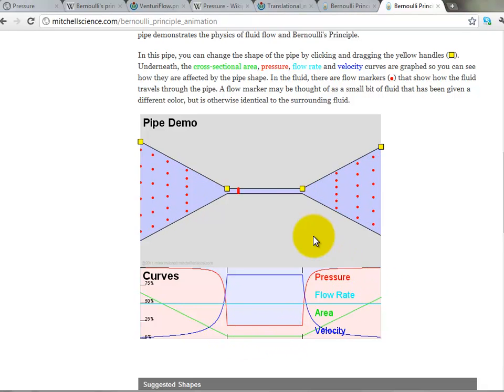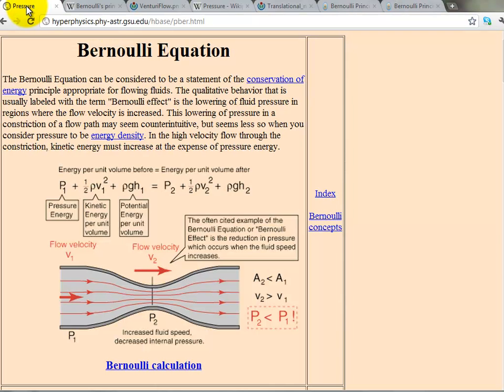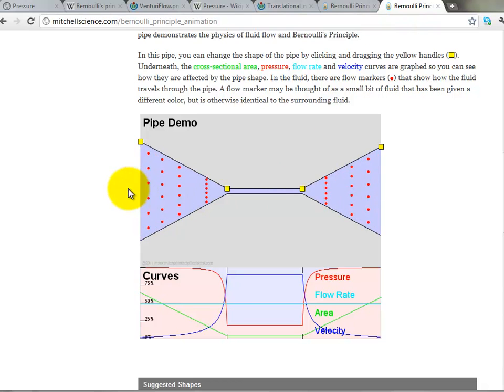Okay, so we're going to try now and use Bernoulli's equation to calculate this graph. We're going to calculate the pressure, the flow rate, the area and the velocity for any given section of tube with 4 points.